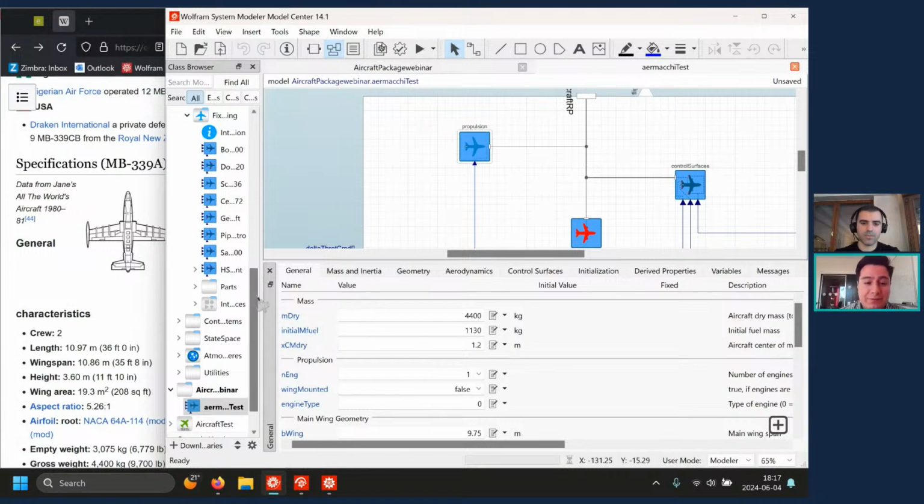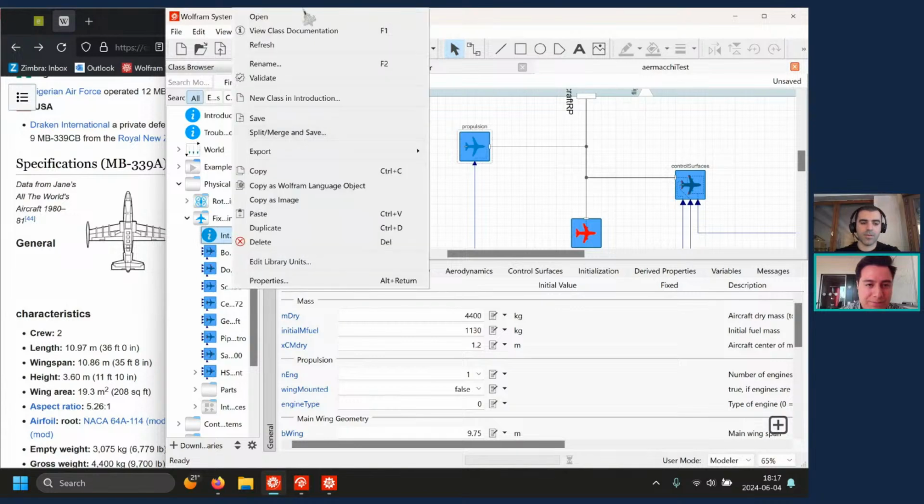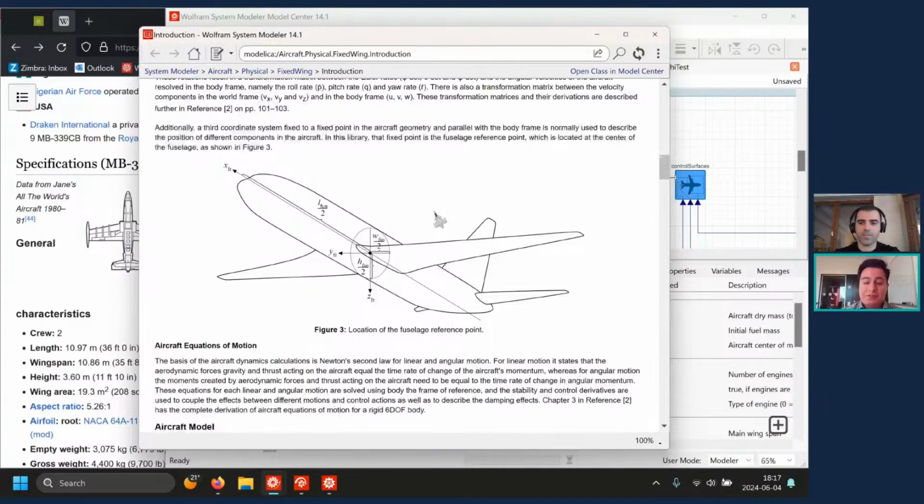Another interesting thing that we need to consider is, what is the reference for this coordinate? If we go here to the introduction, we will see that it's not the center of gravity. This is because the center of gravity might be moving, because our model can capture the fuel consumption.